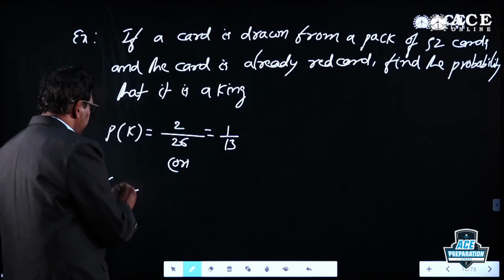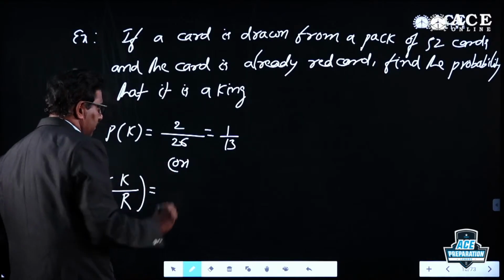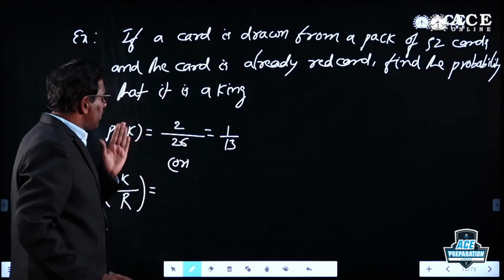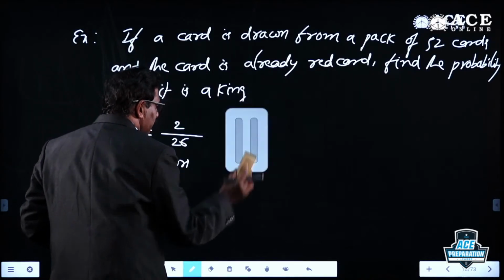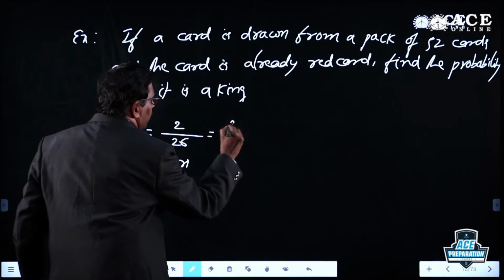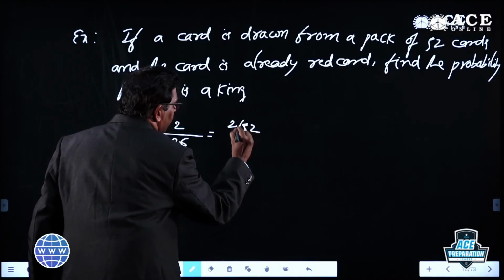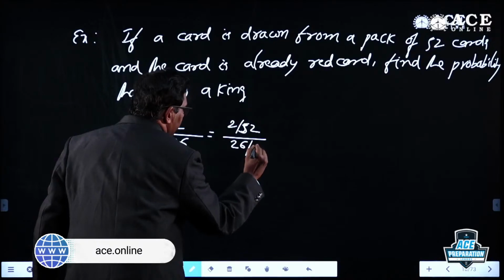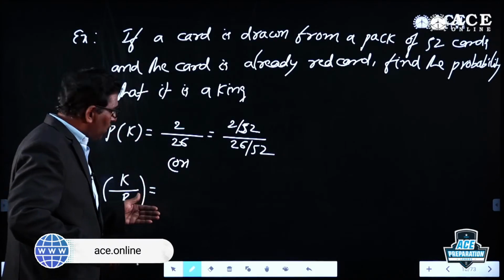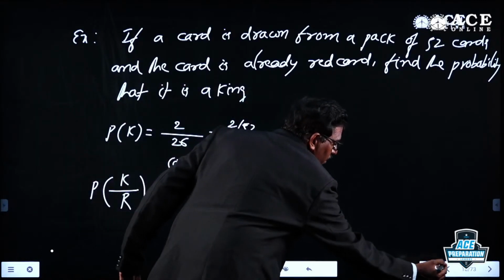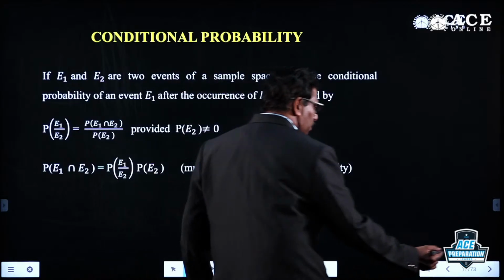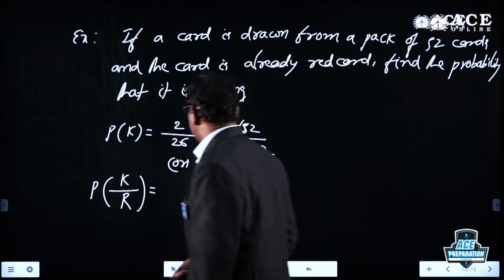Find the probability that it is a king, P of K by R. Same answer, 2 by 26. Instead of writing this as 1 by 13, I will write 2 by 52 and 26 by 52, for my convenience to define this conditional probability definition. I am converting the same solution like this.